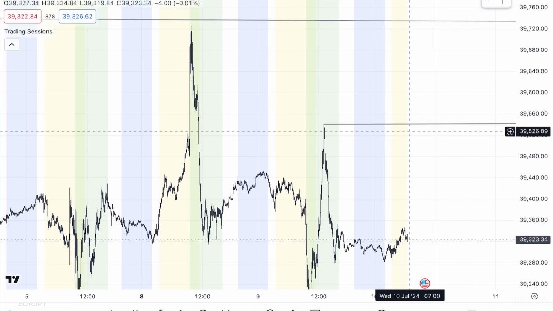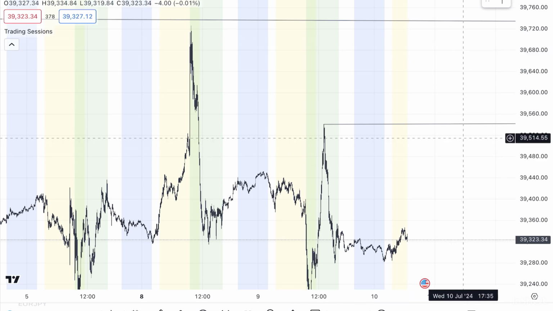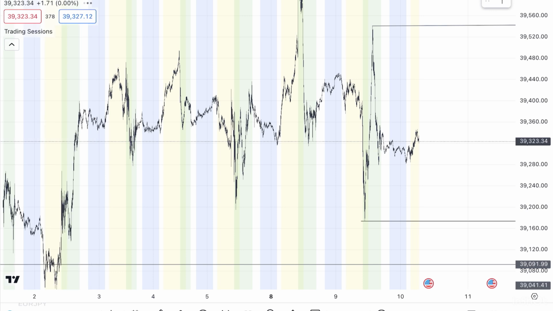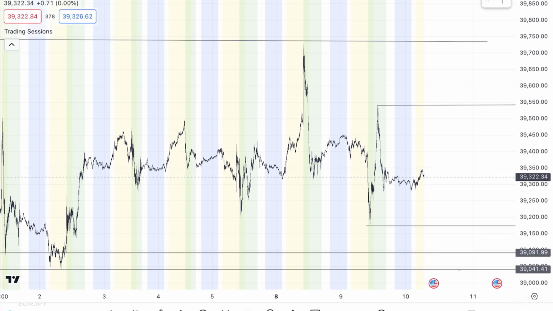Maybe it goes up, takes out this high into these levels here, and I might start thinking otherwise. But for now, we wait, watch, and get entertained by the market. Learn new things, know something.